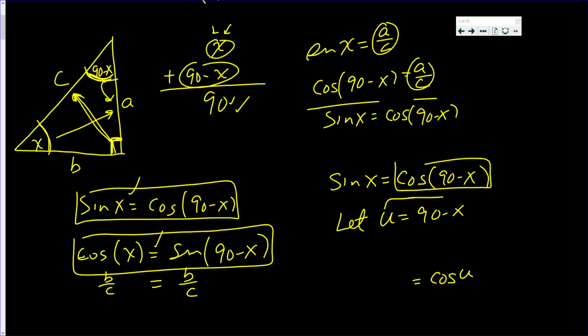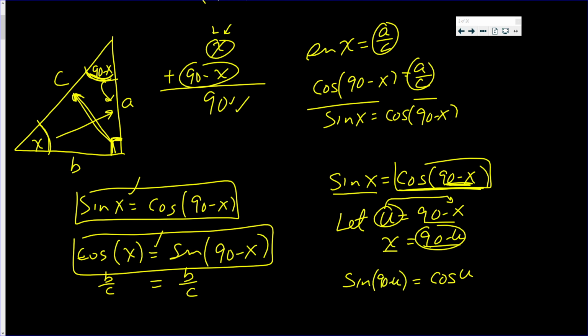Now, if I interchange those two letters, I get that x is 90 minus u. Just like I was able to write 90 minus x as u, I can write x as 90 minus u. So it's the sine of 90 minus u.